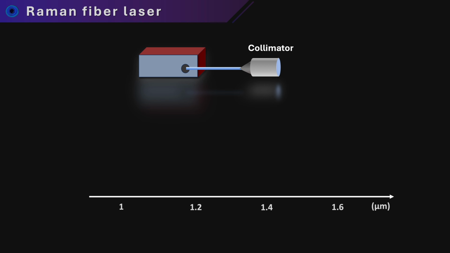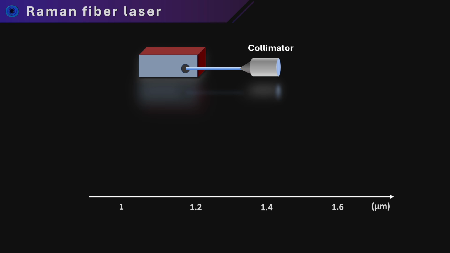Now here's where it gets really useful for lasers. In an optical fiber, if we pump the medium strongly enough with a high power laser, this weak Raman scattering can get amplified through a process called stimulated Raman scattering, and this SRS effect can convert light from one wavelength to another.